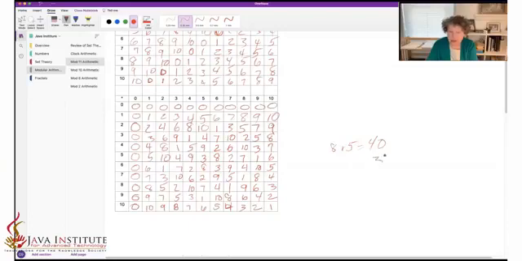So 33 is the same as 0. So 40 is the same as 7.